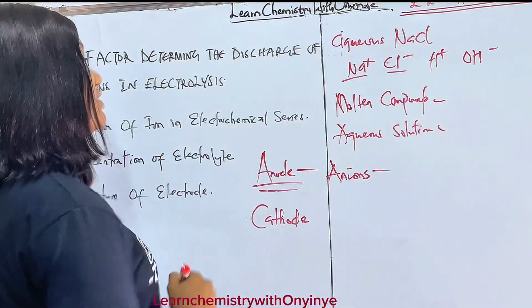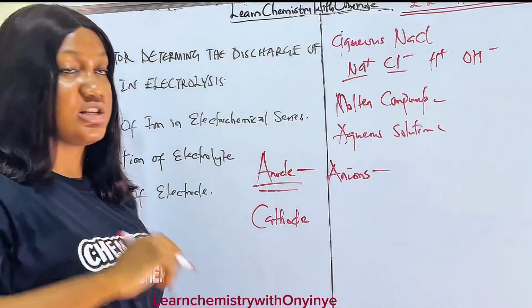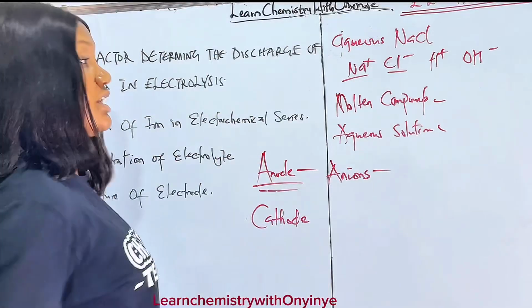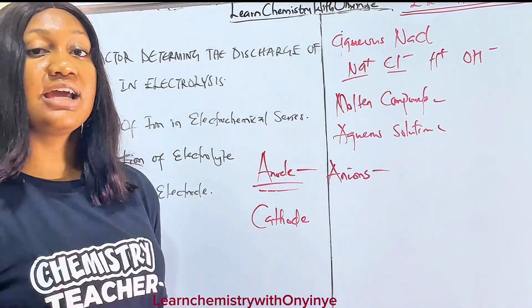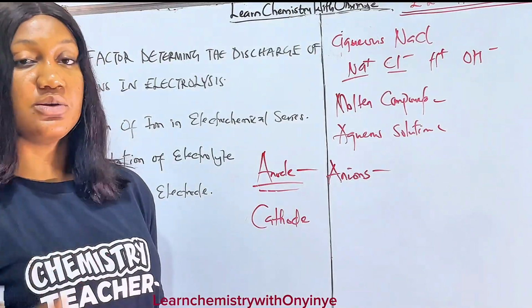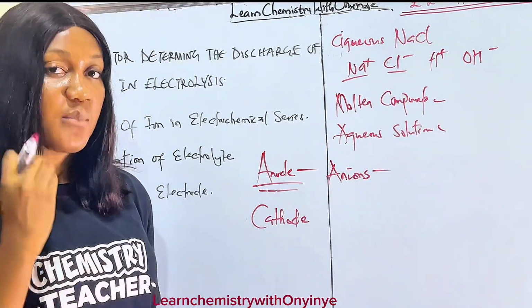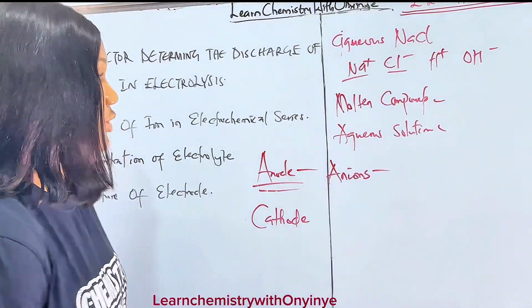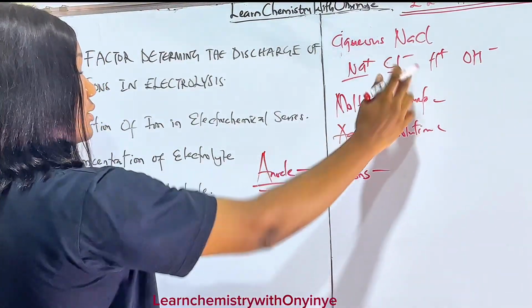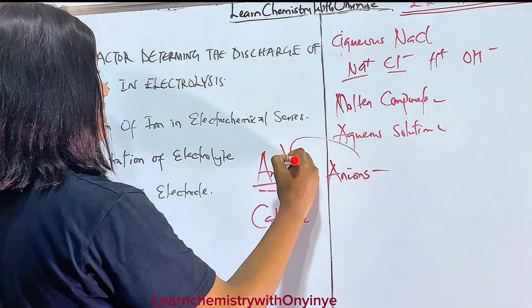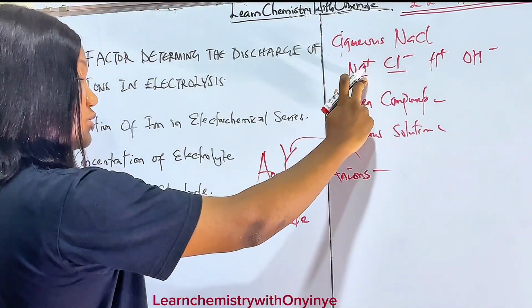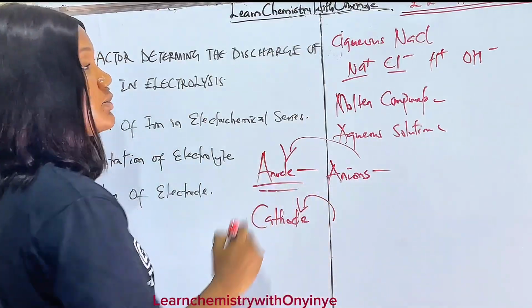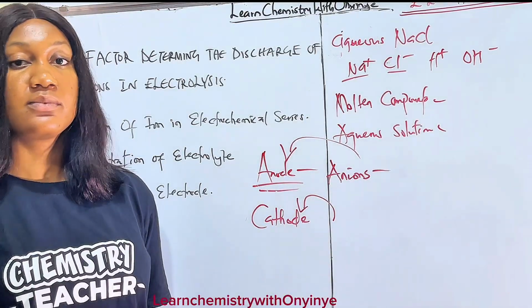So sodium is positively charged, chloride is negatively charged. So since chloride is negatively charged, what are we going to call it? An anion. Remember that anions are negatively charged ions, while cations are positively charged ions. So this negatively charged ion, the anion, will be deposited at the anode. And this positively charged ion, the cation, will be deposited at the cathode. And that's the difference. You get?